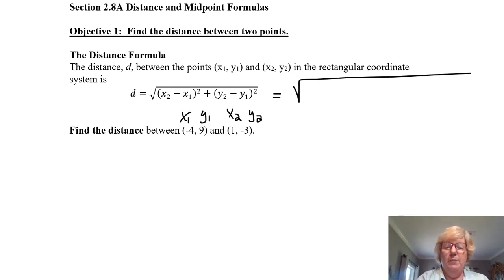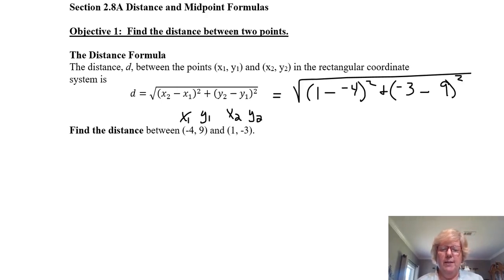So in my problem, I will have 1 subtract -4 squared plus -3 subtract 9 squared. Let me double check that. So it's x2, then x1, y2, then y1. Be very careful when you substitute these in.